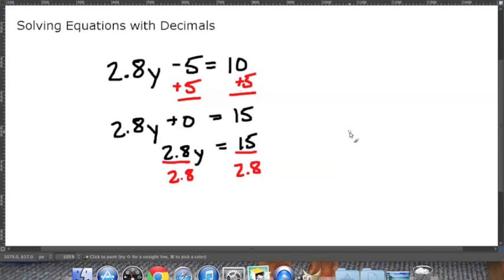So, doing my long division over here, we're going to do 2.8 divided by 15. 15 is a whole number, so we don't have to worry about the decimal. How many times does 15 go into 2? 15 does not go into 2. So how many times does 15 go into 28? 15 goes into 28 one time.